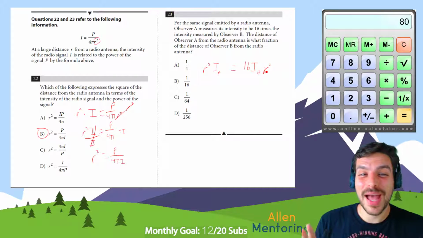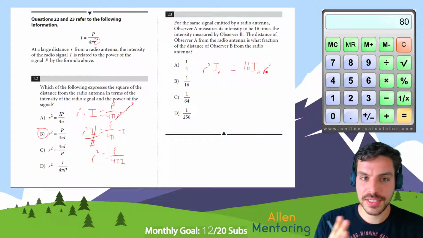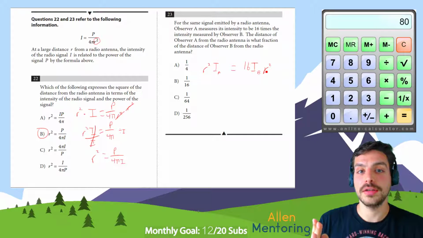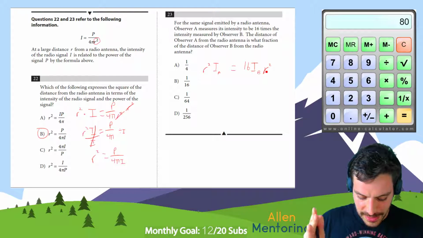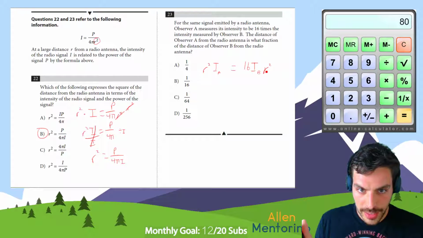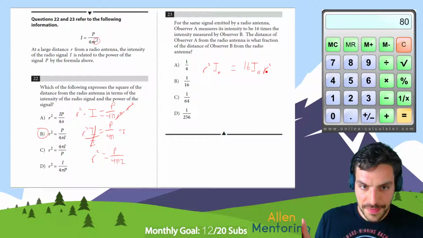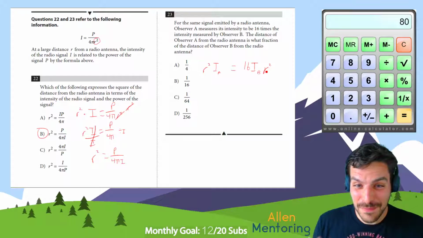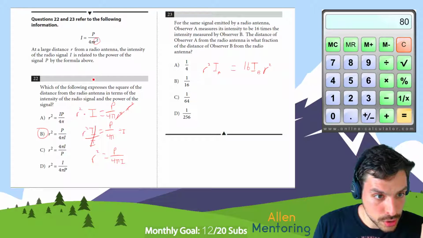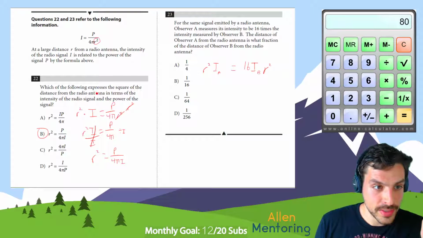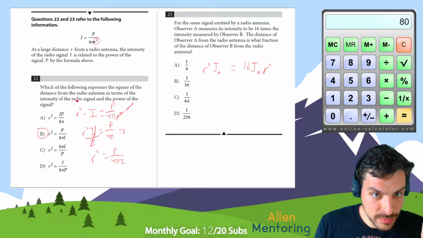Nothing else really matters except the distance from the radio tower. I want you to see that. The power is the same, everything's basically the same. And if it's an inverse square function, then we see, here it says the intensity is related to the square of the distance from the radio antenna.